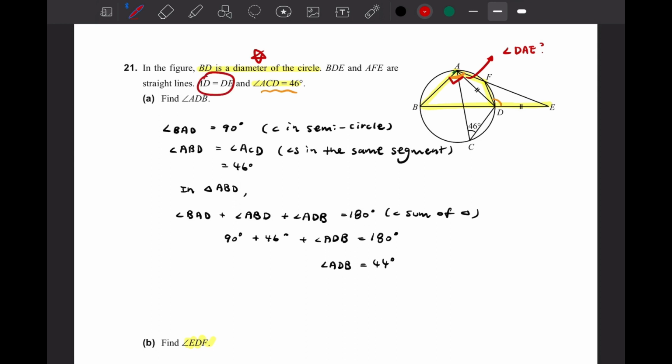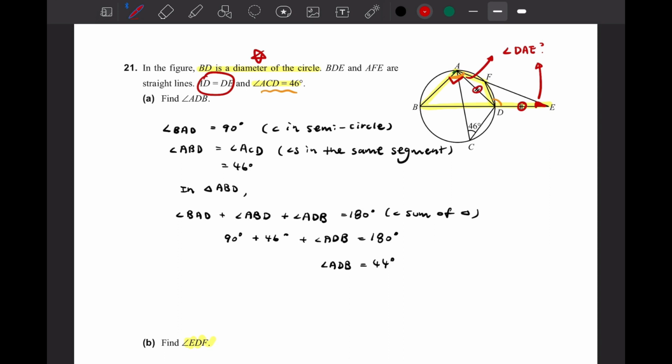So we got some more information we haven't used. This AD equals DE. You can see that this is this. So we have this isosceles, so this will equal this as well. And therefore, how can we find it? We got two angles and we want the third one.